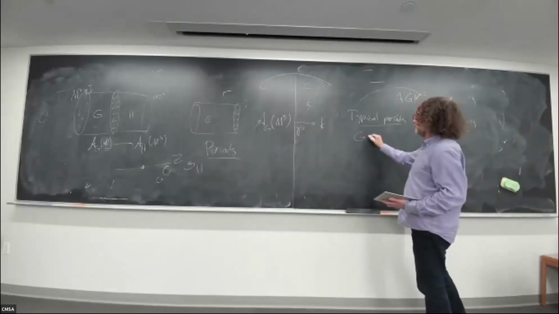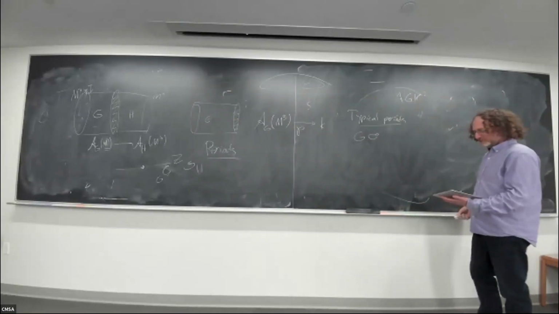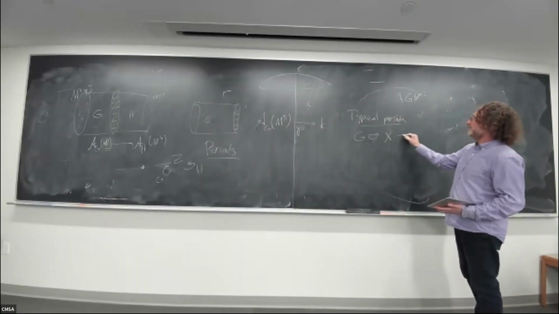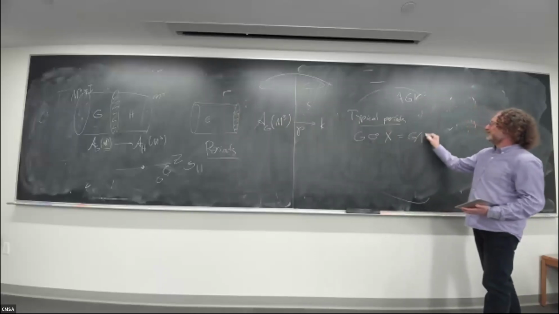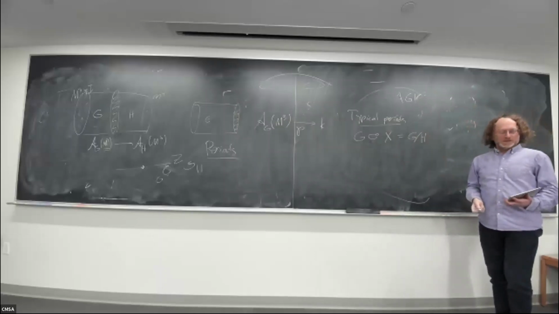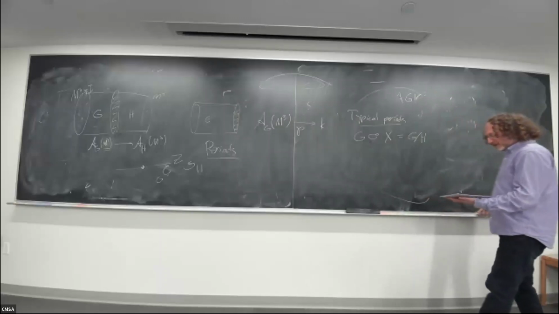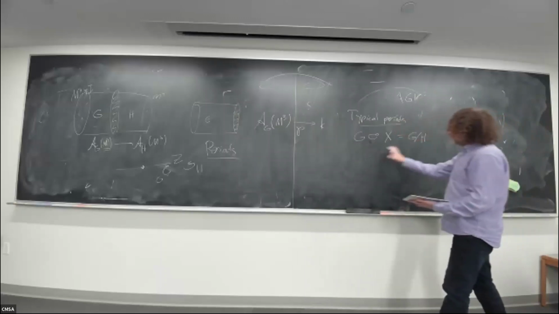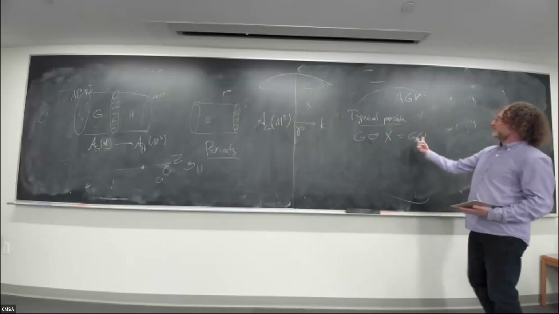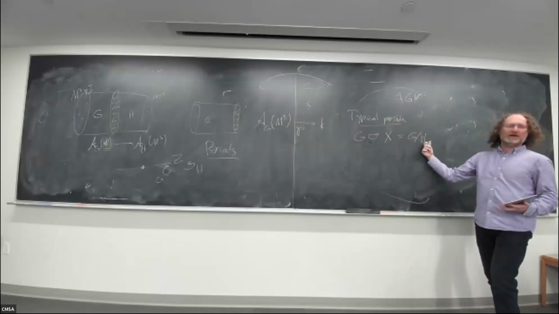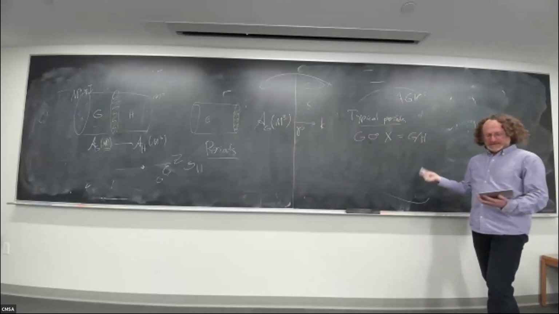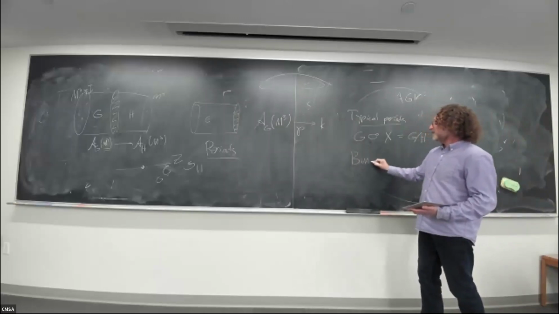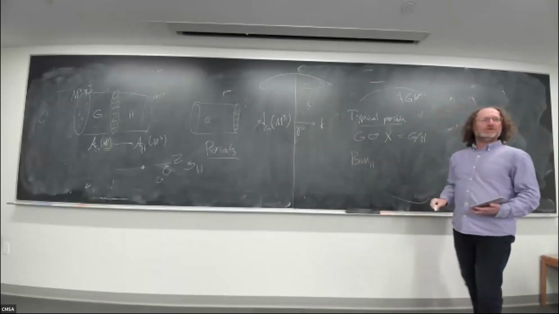I'm going to take my group G. The easiest ones arise by taking a space X, maybe X will be just a homogeneous space for some subgroup of G. Right now I'm using the letter X because I prefer it, but I'm just giving the data of a subgroup of G. Given an H period, if I'm in the geometric setting, I could look at the moduli space of H bundles.